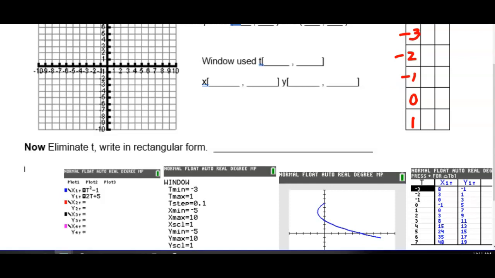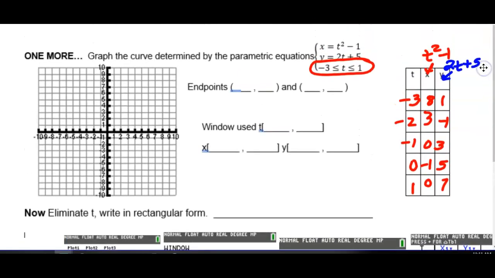No. Okay, 8, 1, 3, -1, 0, 3, -1, 5, and 0, 7. All right, if I scroll back up here, let me make sure that those are right. I was supposed to square it. Yeah, those look good. So 8, 1 was one of the endpoints.